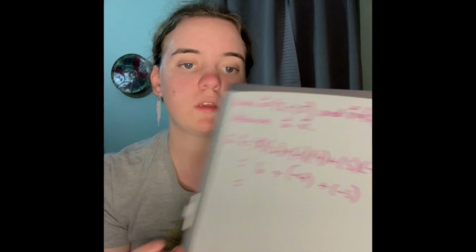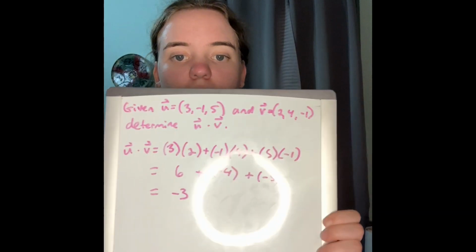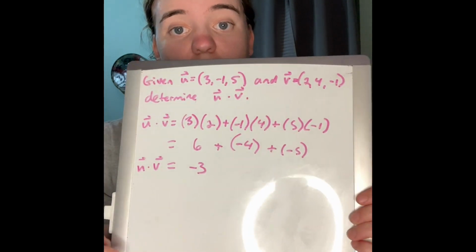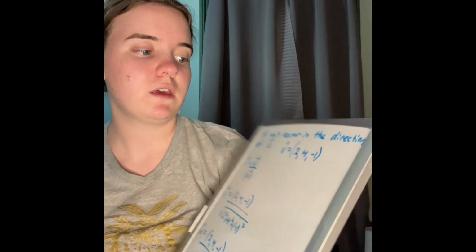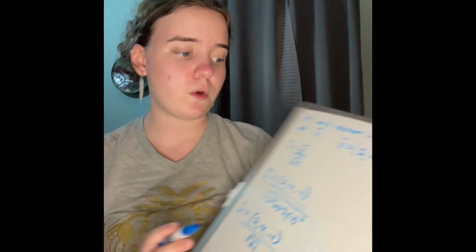And then we do the multiplication. And then we add them all together. And we get -3. And that would be u times v equals -3. And now we have a unit vector in the direction of v, and v is 2, 4, -1.